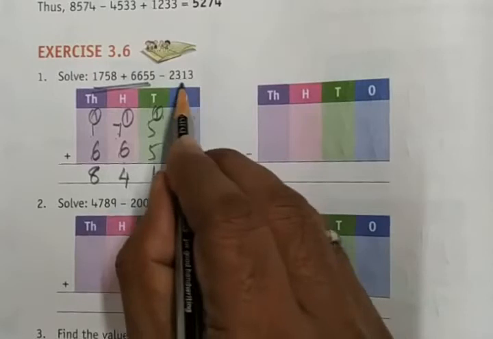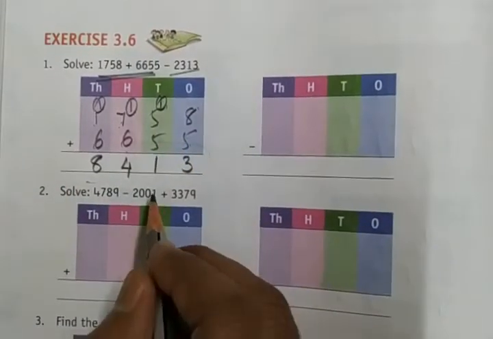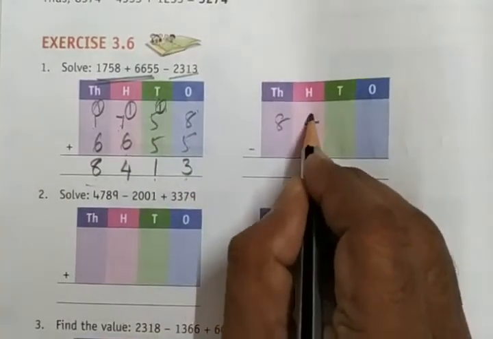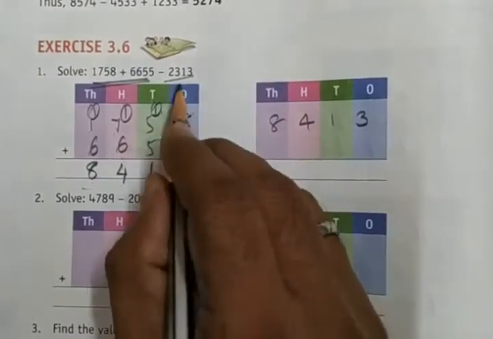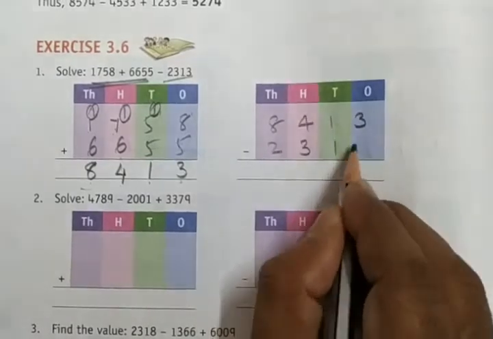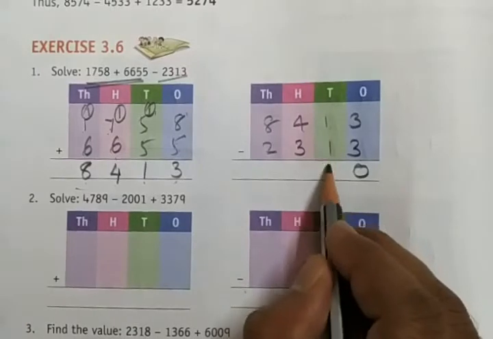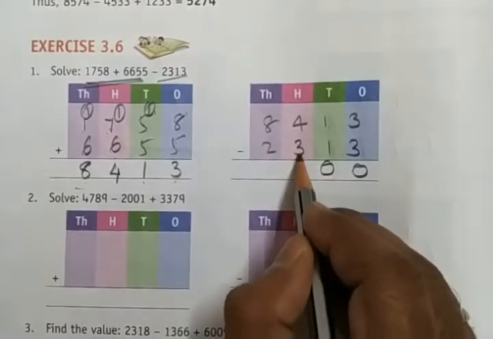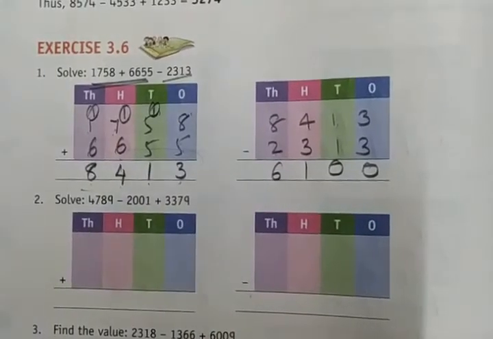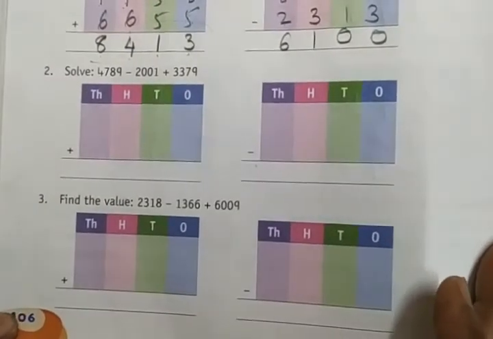So this sum 8413 is to be subtracted from 2313. Okay, 3 minus 3 is 0, 1 minus 1 is 0, 4 minus 3 is 1, 8 minus 2 is 6.